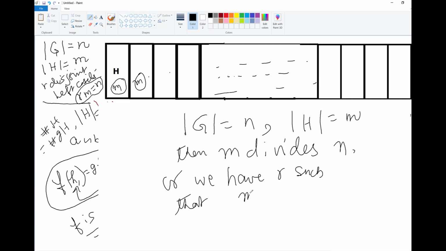That m times r equals n, and this r we will call the index of H in G, but let's just go over that later.